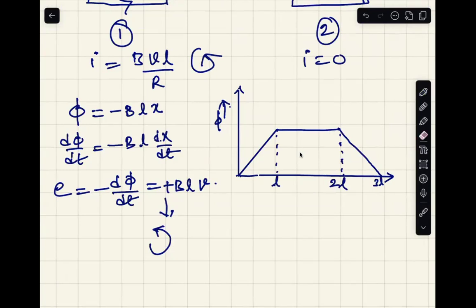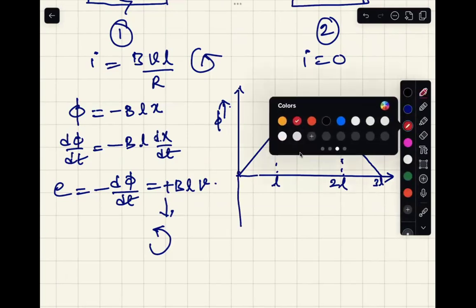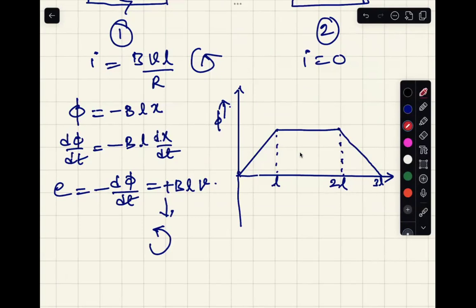EMF graph. What is the EMF graph? First it is clockwise, next 0, next the graph is like this. Any doubts?